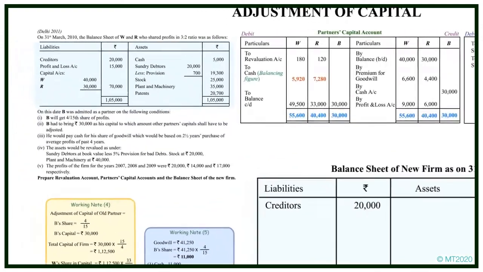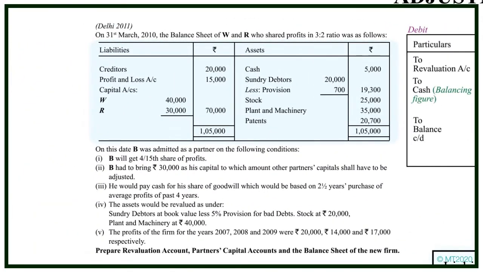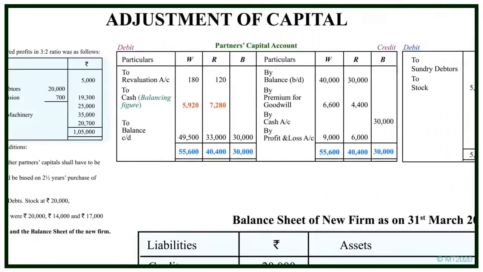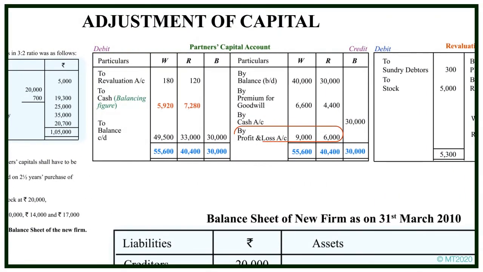As in the question, no information has been given for creditors. Next, we can see the item profit and loss account appearing on the liability side, 15,000. But this item will not come in the new balance sheet, as this profit and loss already got distributed among partners W and R in their old profit sharing ratio in their partners' capital accounts.